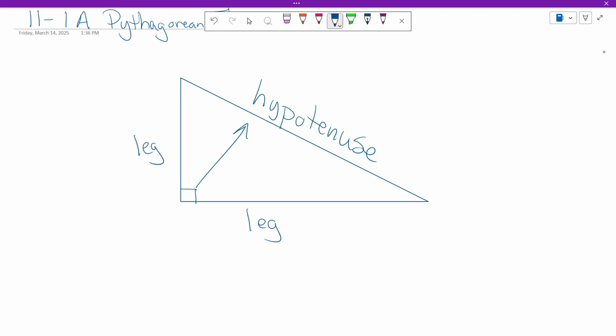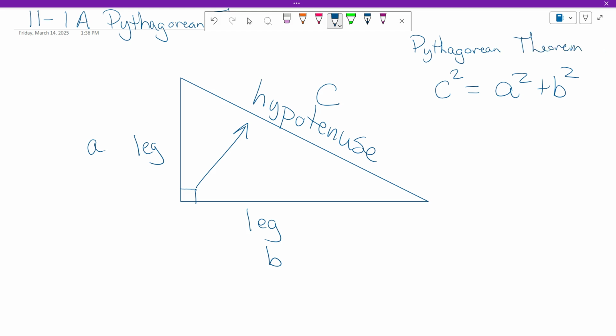A much easier way to do the Pythagorean theorem is name the hypotenuse C. The hypotenuse is always, always, always C. The other two legs are A and B. It doesn't matter which leg is A, which leg is B. The Pythagorean theorem is C squared equals A squared plus B squared.